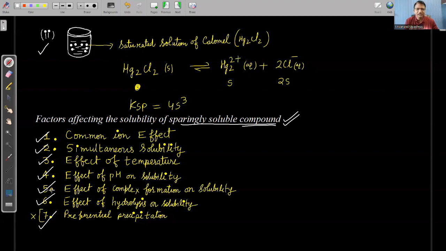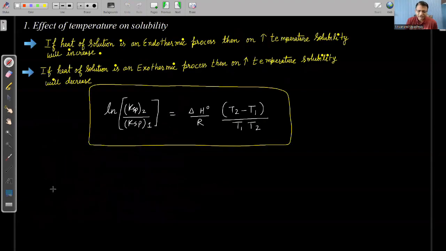Let us start with our first factor, effect of temperature on solubility. We know that when we study equilibrium constant, the value of the equilibrium constant with temperature depends on whether the reaction is endothermic or exothermic. If the heat of solution is endothermic, then on increasing temperature, solubility will increase, because Ksp is directly proportional to solubility.